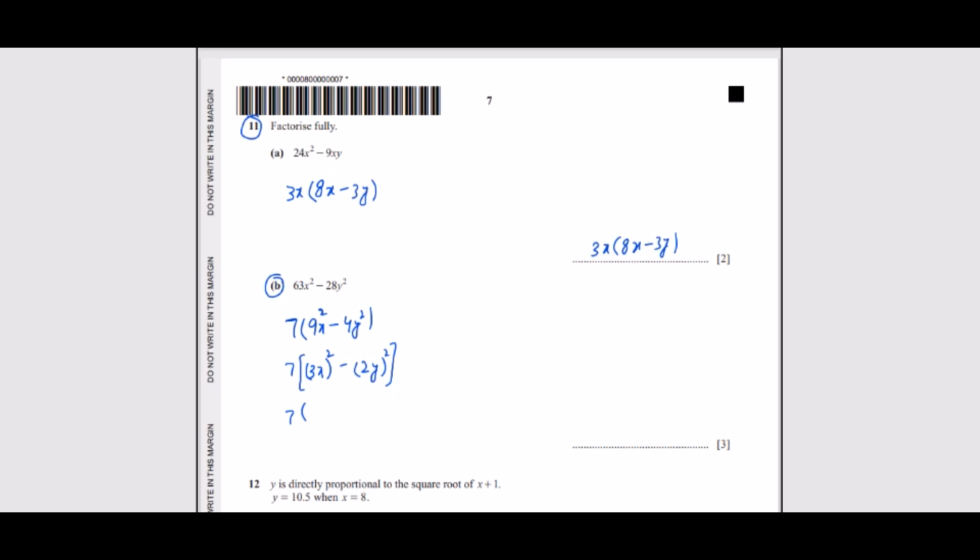So the first value is a, 3x plus 2y into 3x minus 2y. This is our final answer. 7 into 3x plus 2y into 3x minus 2y.